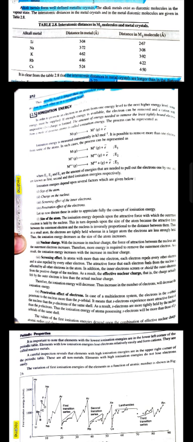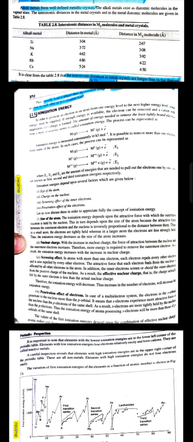As a result, the effective nuclear charge, that is the charge actually felt by the outer electron, is less than the actual nuclear charge. Therefore, the ionization energy will decrease. Thus, an increase in the number of electrons will decrease the ionization energy.